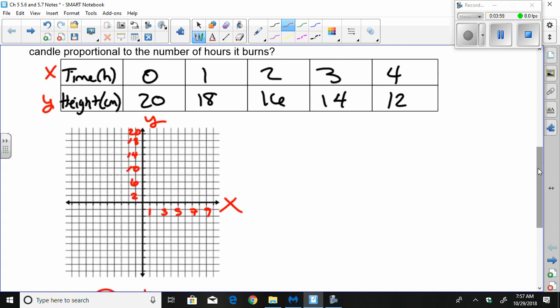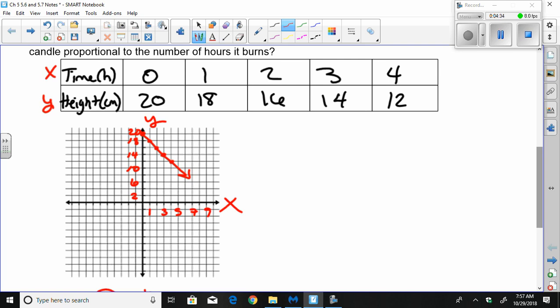So at 0, we're at 20. At 1 hour, we're at 18 centimeters. At 2 hours, we're at 16 centimeters. At 3 hours, we're at 14 centimeters. At 4 hours, we're at 12 centimeters. So it looks to be a straight line. But just by looking at this, it's not proportional because it does not go through the origin.